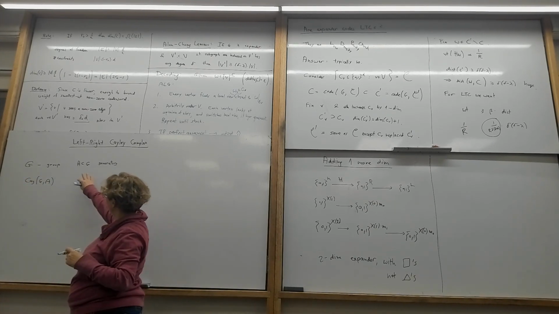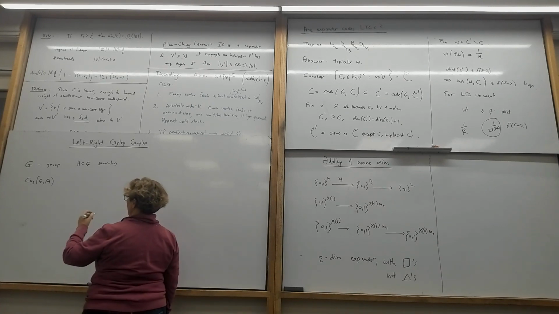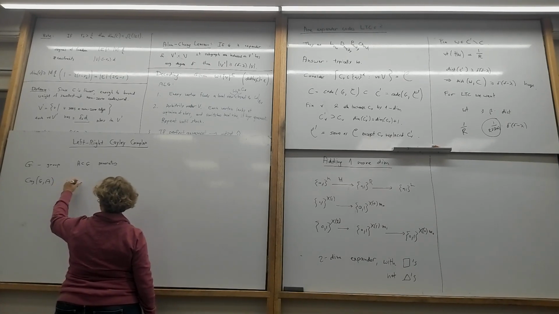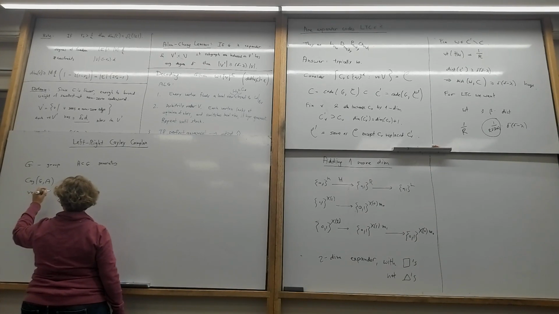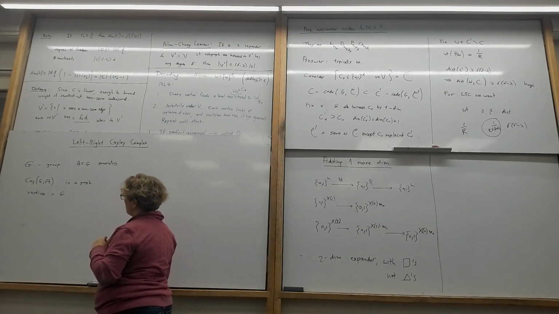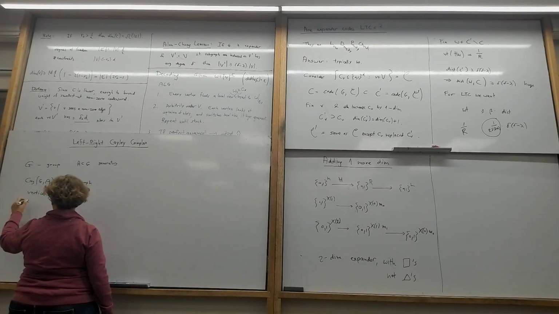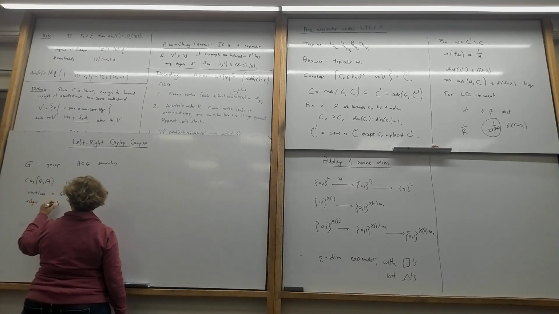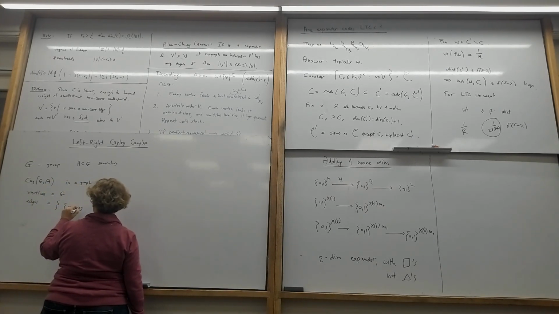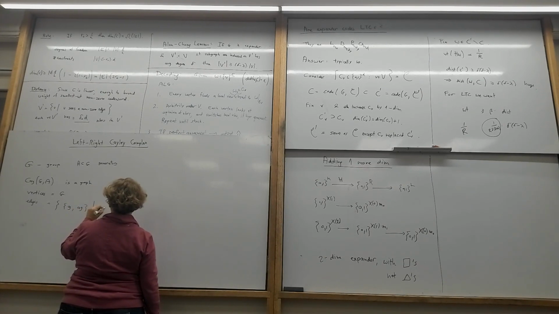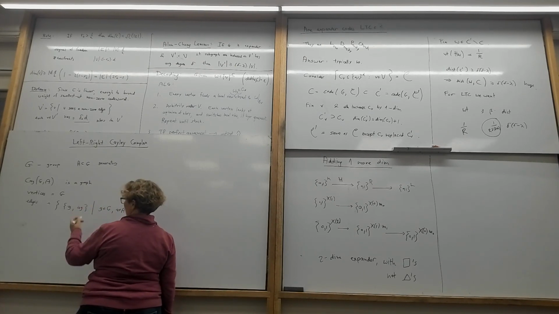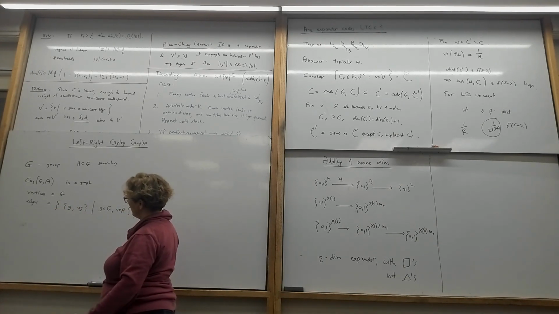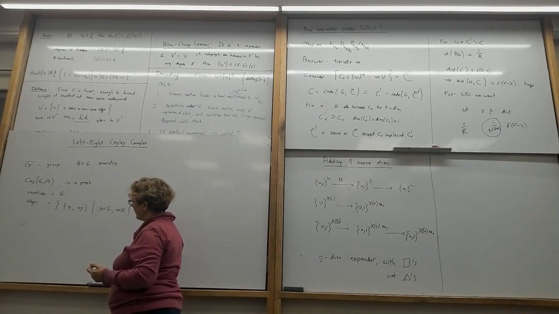For every group and every set of elements, you can define the Cayley graph, where the vertices are G. So you have a vertex for every group element, and the edges connect G to aG for every g and every a. Really I should have written directed edges because it's not necessarily an undirected graph.